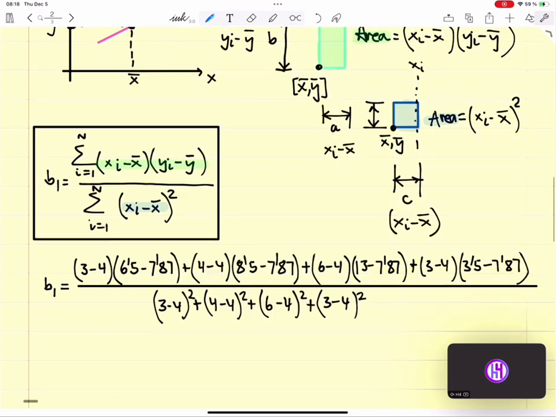Okay, so if you do that with your calculator, you get 4.83.